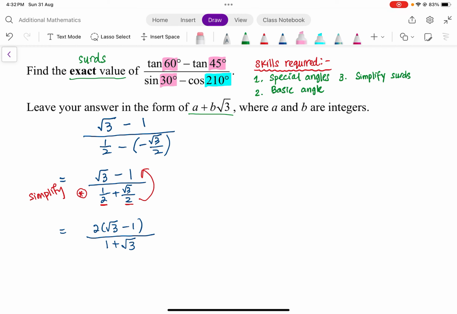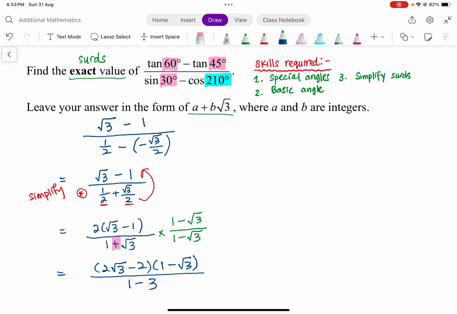Over here I see that I have a plus sign for the denominator. So when I rationalize, I multiply 1 minus root 3 to the numerator, and then I multiply 1 minus root 3 to the denominator. This becomes slightly easier. For the numerator this will give me 2 root 3 minus 2 times 1 minus root 3, and for the denominator, this will just give me 1 minus 3.